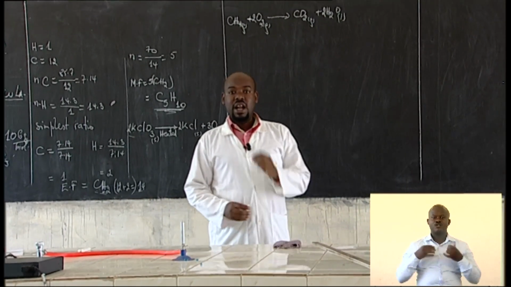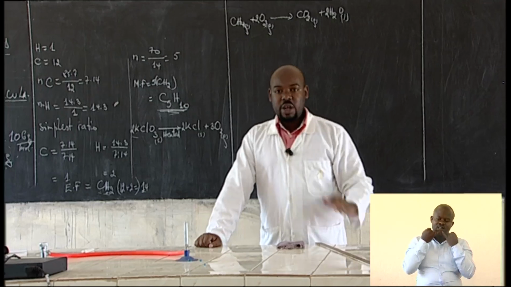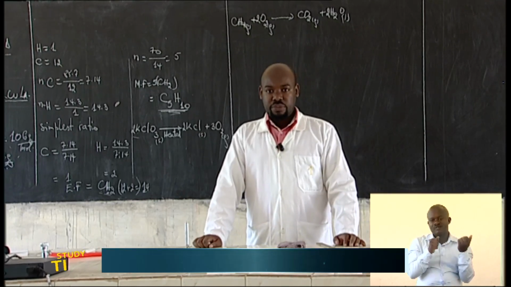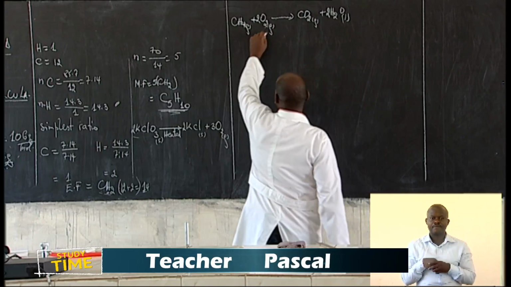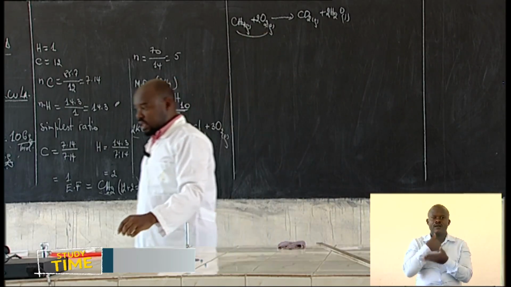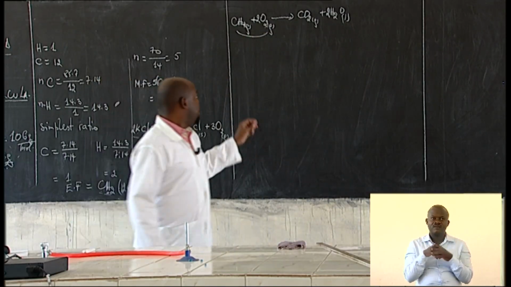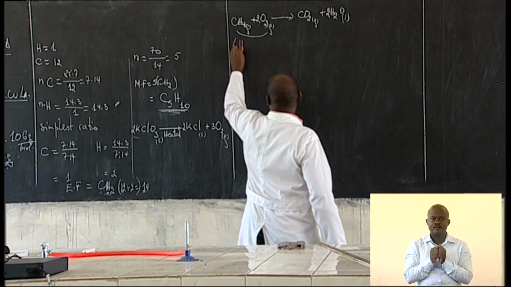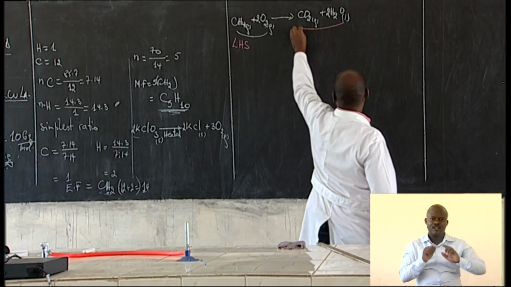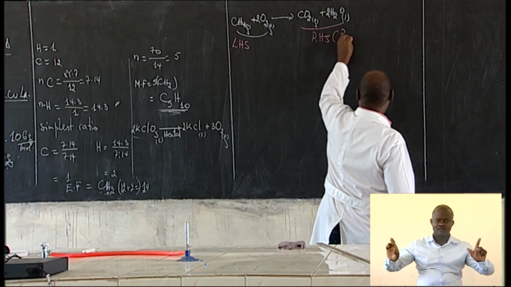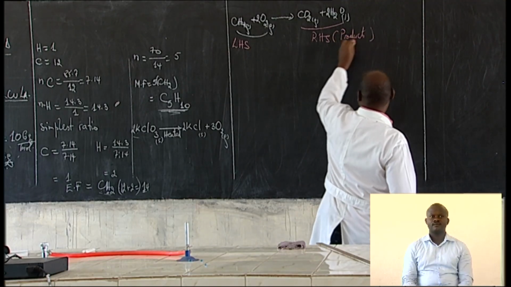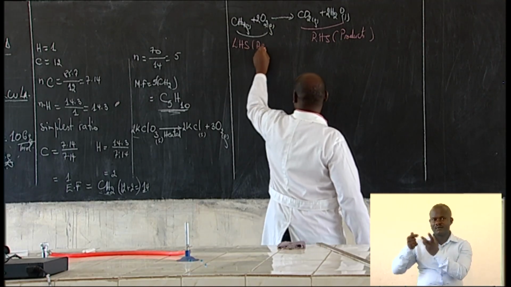Now let us analyze the information provided by this balanced equation. On this side we have the left-hand side, and this is the right-hand side. Here we have reactants, and here we have products.